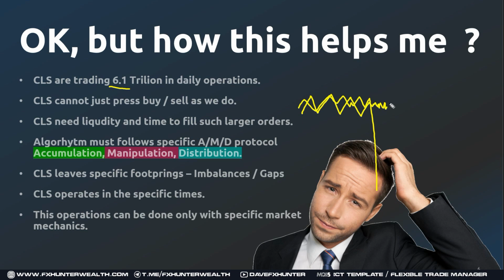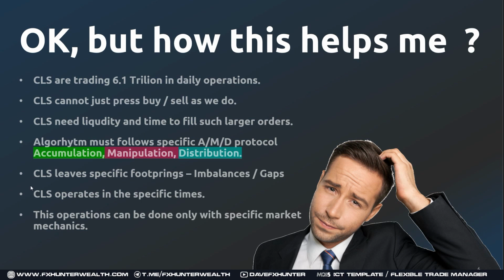And before they do that, they need to do some kind of manipulation before they start to move the price, right? So they need to find the orders by, unfortunately, but it's great information that we know it, manipulating others to the other side of the trade, right? So they need to find the other side of the trades by manipulation.